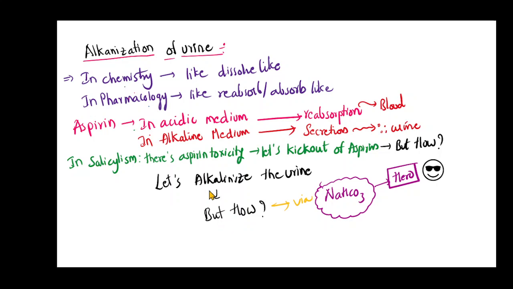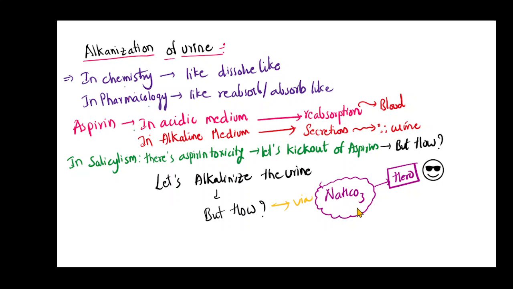So how do you change the pH of the medium? By adding NaHCO3. When you add NaHCO3, sodium bicarbonate, into the urine, or give it as a drug, it changes the pH of the urine.